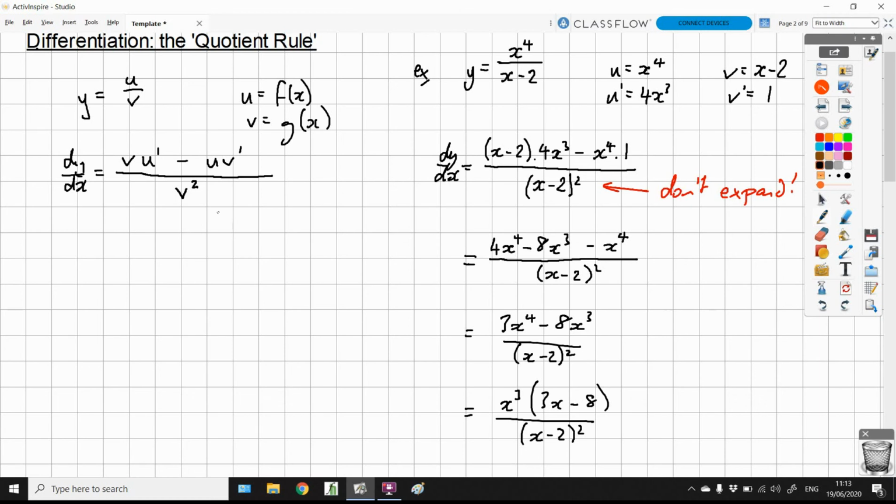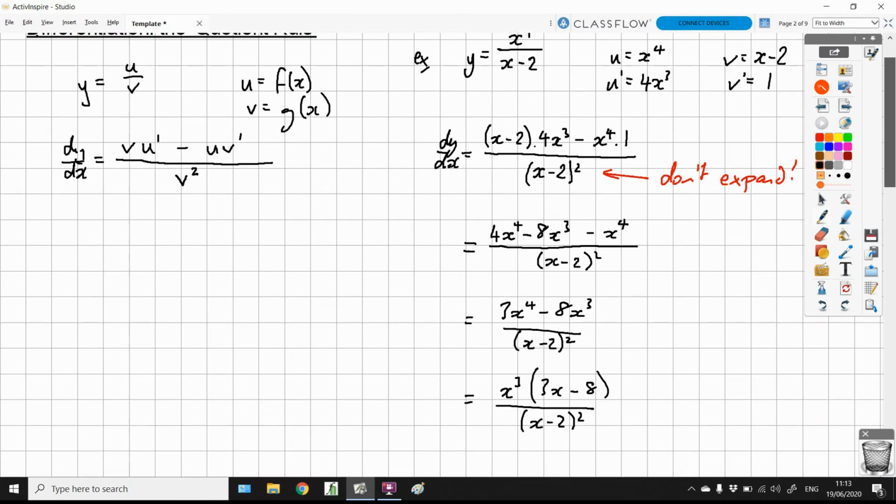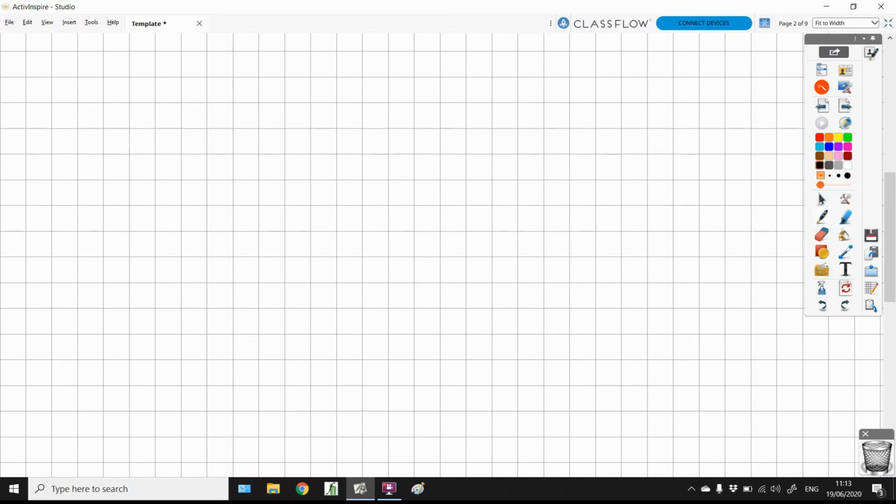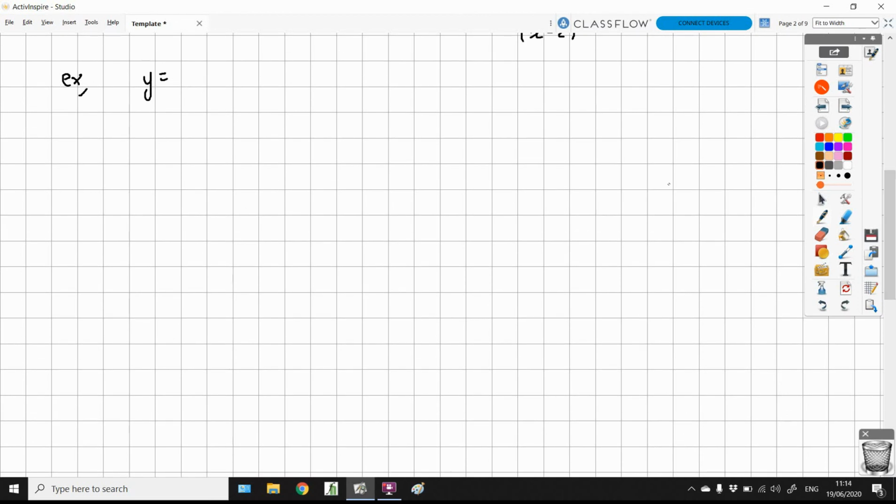Let's look at one slightly more complicated example. Suppose we had y equals 2x minus 1 all squared over 3x plus 2 all cubed.